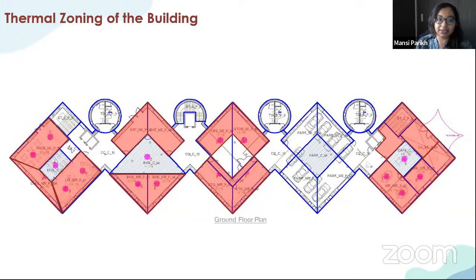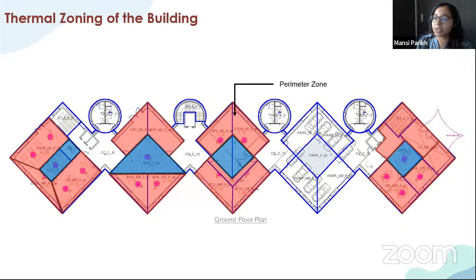For this particular building, the ones in red were defined as perimeter zones because they were directly in contact with the external surroundings. The other part in blue, you can see, are the core zones because they were between two of the conditioned spaces.